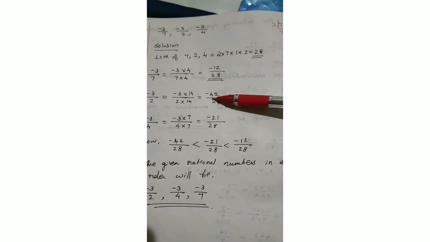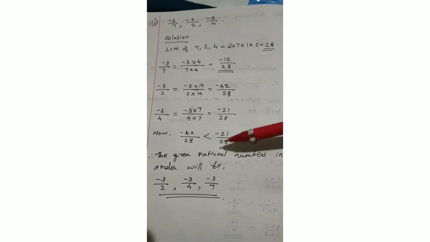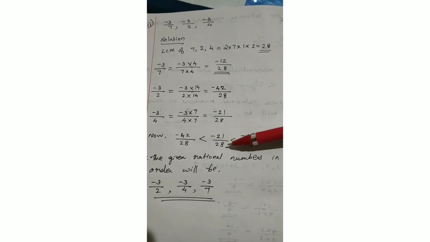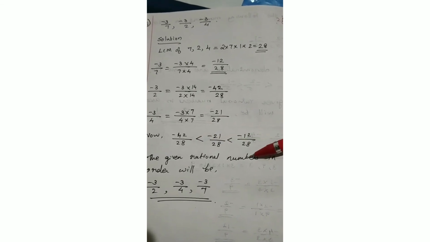Among negative 42 and negative 21, negative 21 is the greater one. Then negative 42 is the smallest among these three rational numbers. So negative 42 on 28, negative 21 on 28, negative 12 on 28 is in ascending order.